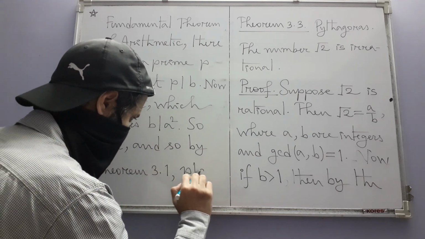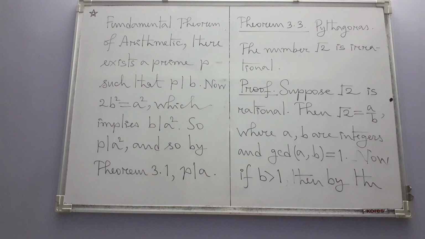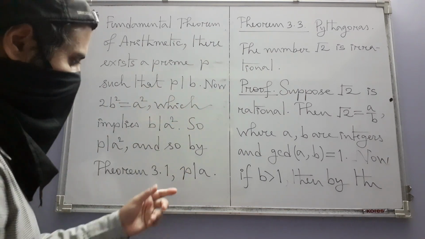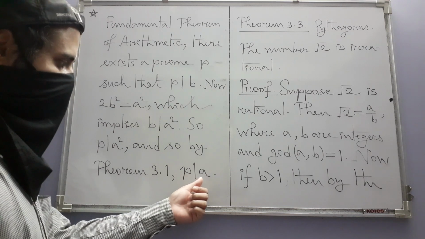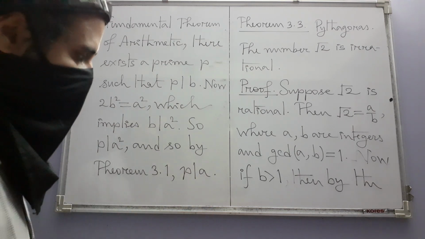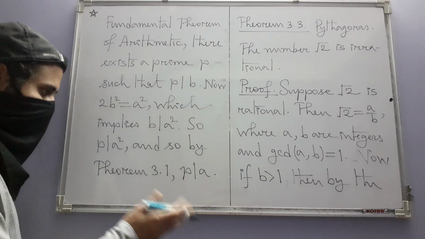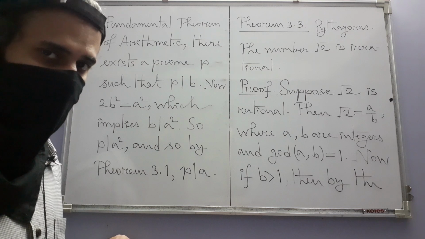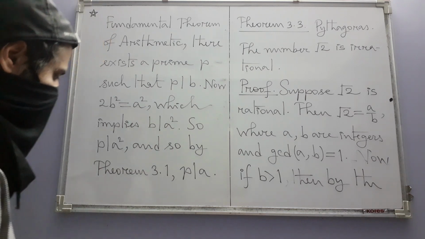p divides a. But now p divides b as well as p divides a, which means that a and b have p as a common factor. So the greatest common divisor should be greater than or equal to p, because p already is a common divisor.